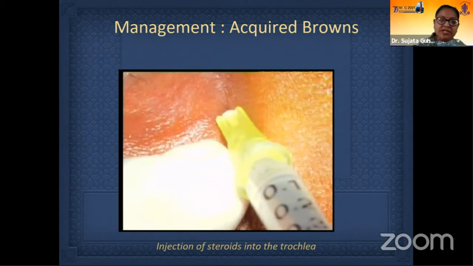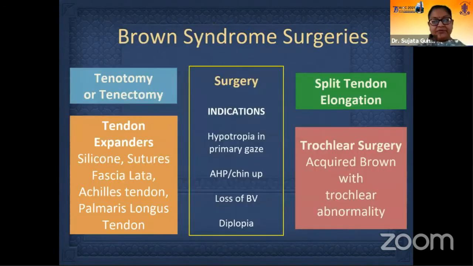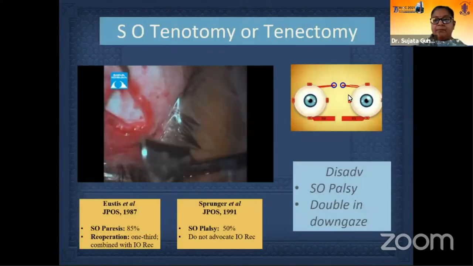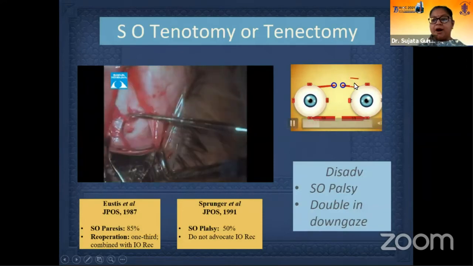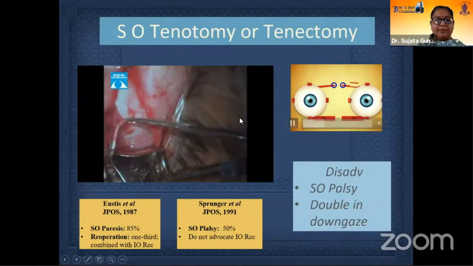Now, surgery is usually, as I mentioned, reserved for patients with a large hypotropia or a large chin-up posture. The different surgeries that have been advocated are tenotomy, tenectomy, tendon expander, split tendon elongation, and surgery around the trochlear area. So tenotomy is nothing but cutting the superior oblique muscle, and posterior tenectomy is cutting a part of the posterior superior oblique muscle.